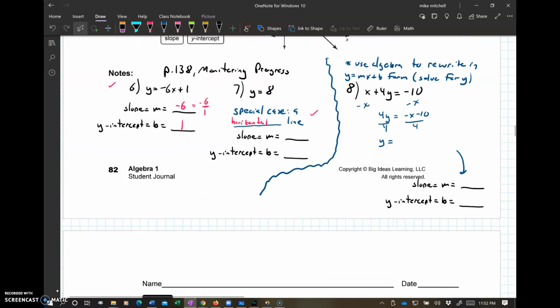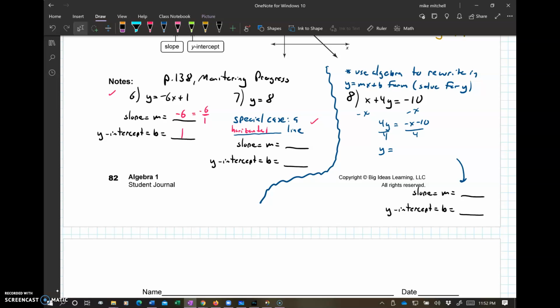So that's a horizontal line. Our slope is 0. Our y-intercept is 8. Again, because remember, y equals mx plus b. That'd be y equals 0x plus 8. That's why there's no x there. It's times 0.